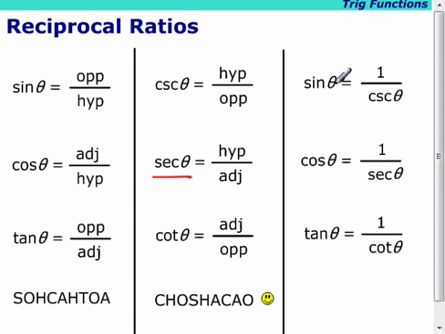Over here, I can also write those relationships, that the sine is equal to 1 over cosecant, or I could write cosecant is equal to 1 over sine. Like this one here, cosine is 1 over secant. I could write that as secant theta is equal to 1 over cos. And I could do the same thing with tangent.